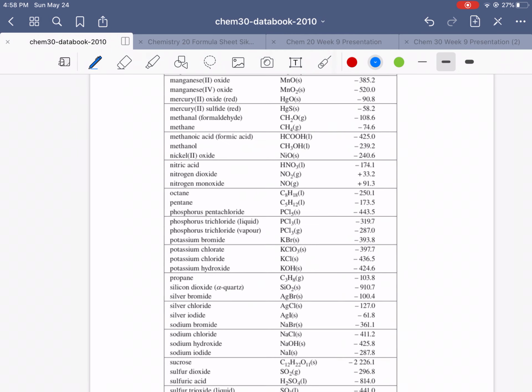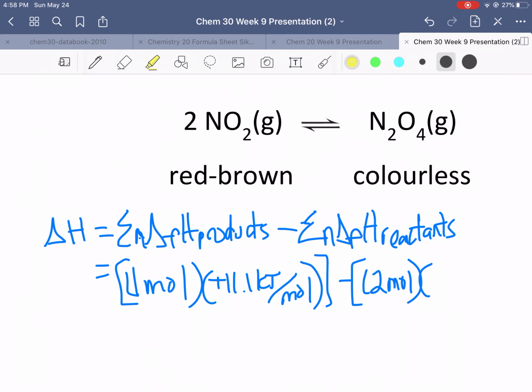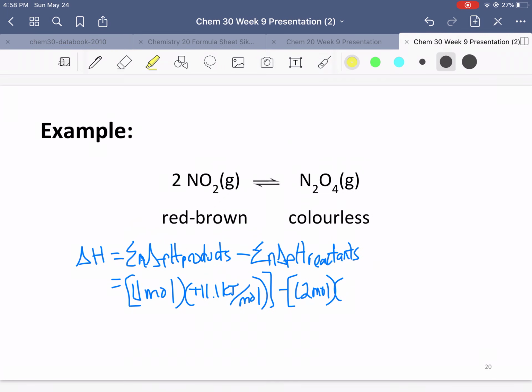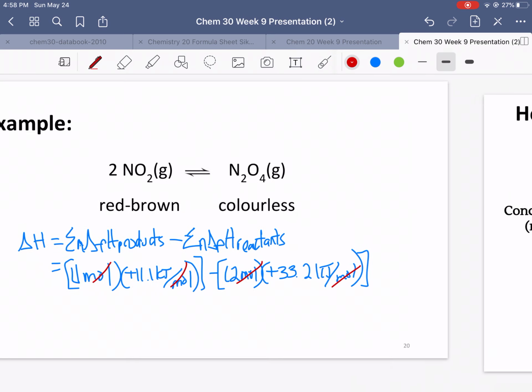Nitrogen dioxide is over here, right about there, right? So I'm going to take that number. So we go back over, plug it on in. And it is positive 33.2 kilojoules per mole.